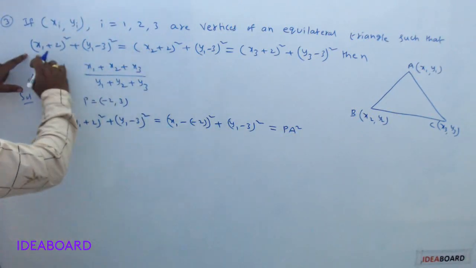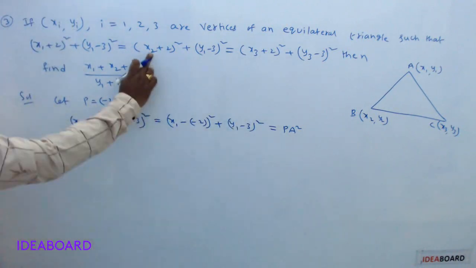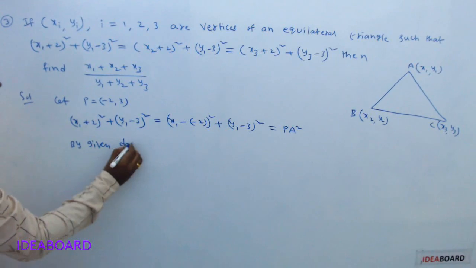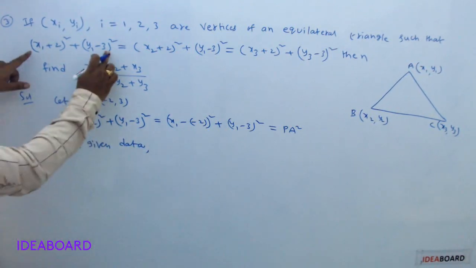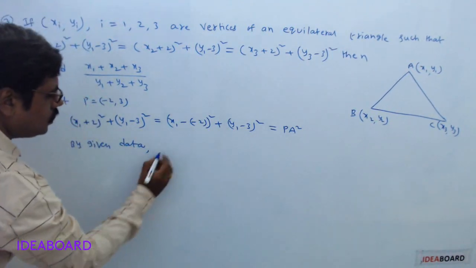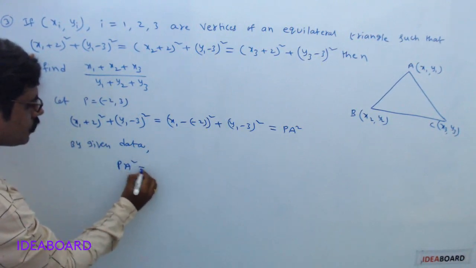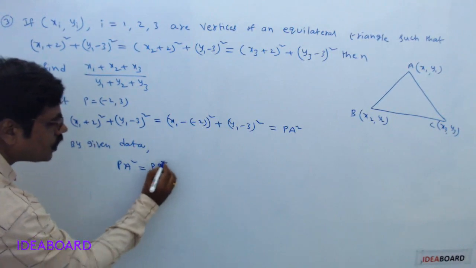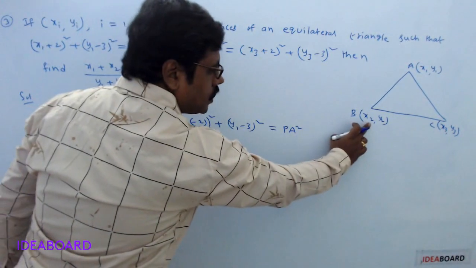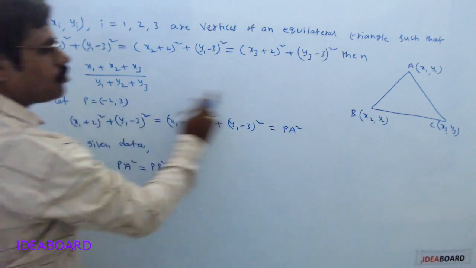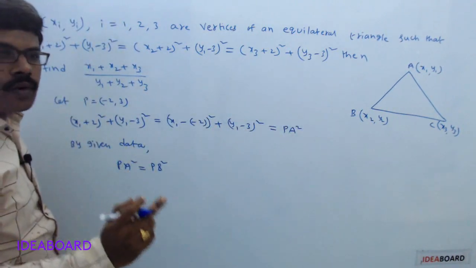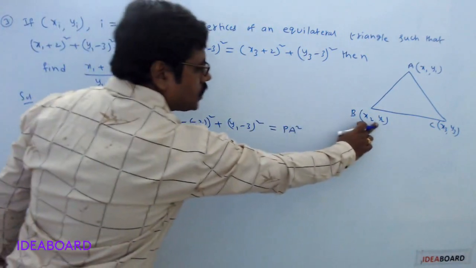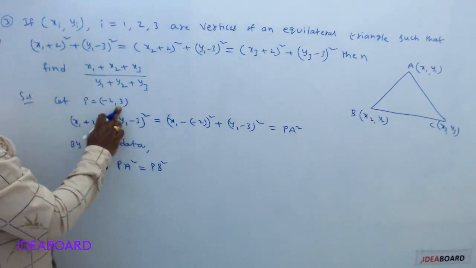Now take this entire condition. By the given data, this expression can be taken as PA square, and this expression is nothing but PB square. It means if you apply the distance between the points P and B, you get the square root of (x2 minus of minus 2) whole square plus (y2 minus 3) whole square.